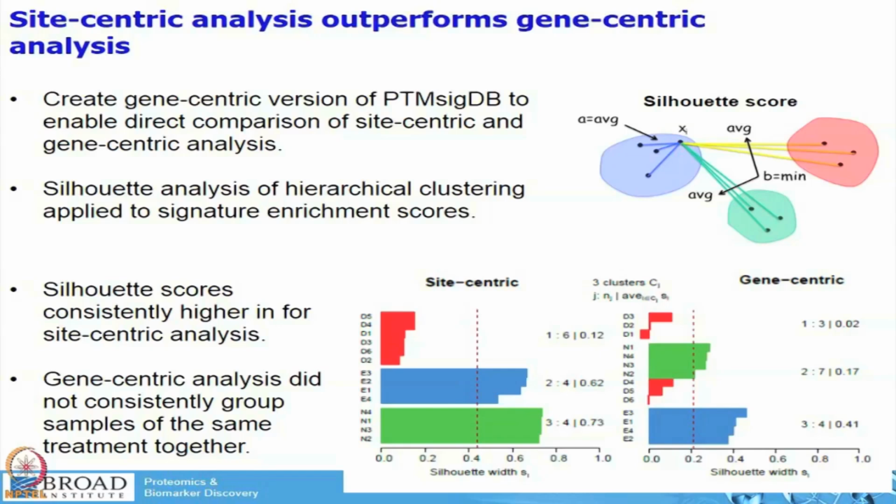Also, what we can see in the gene-centric space is that samples from the control and the DMSO are clustering together, which is not what we would expect.